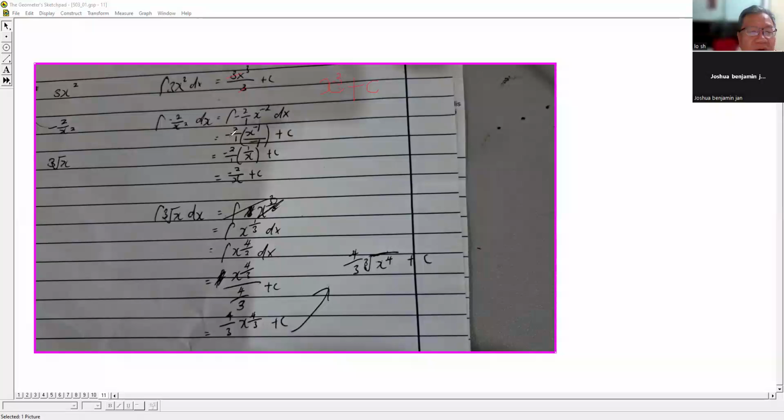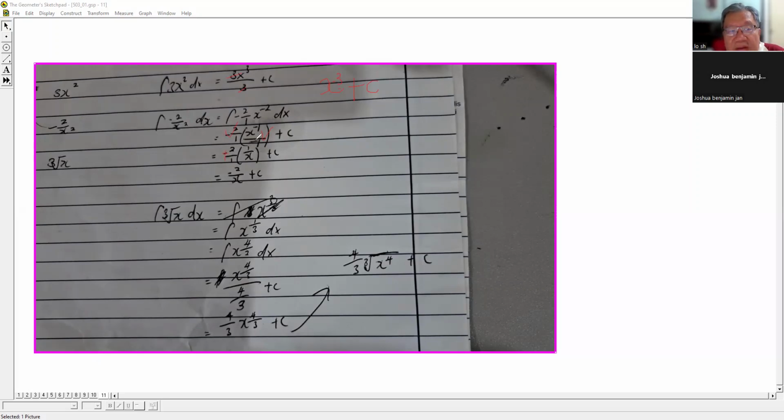This is correct. Very good. This is correct. This is 2 to the power of negative 2. You add 1, become negative 1, divide by negative 1. This is correct. Now, however, the negative multiplied with the negative here will become positive. Can you see the original one? There's a negative sign.